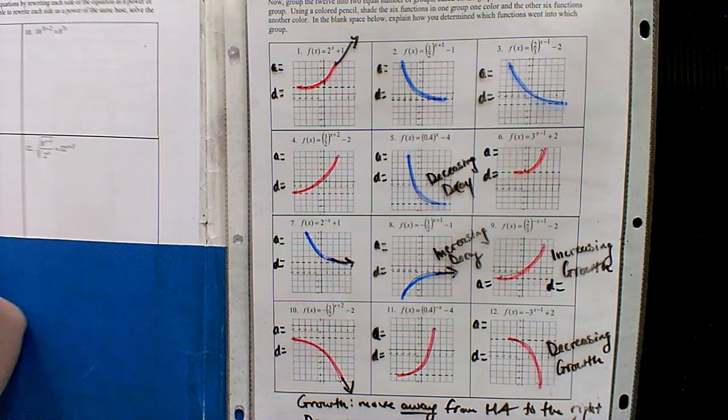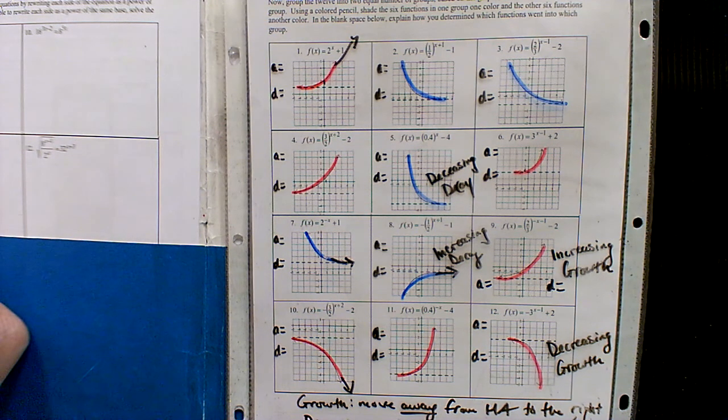All right, so A is the leading coefficient, the number in front of the base. Remember, the base will never be negative. So if you have a negative in front of the base, that's actually your leading coefficient. So A is the leading coefficient, D is the constant on the end.